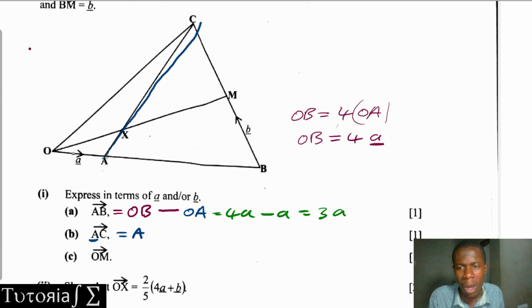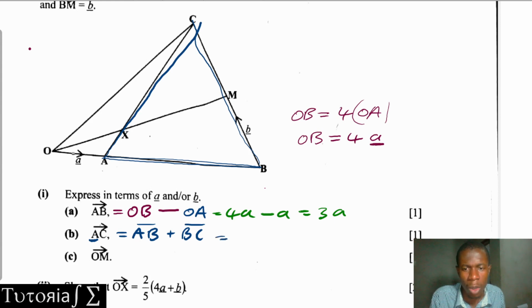So you have AB, you have the magnitude for AB, so you can take the route AB plus BC. So that is the route that you're going to take. AB you've found in the previous question, which will be 3A plus BC.